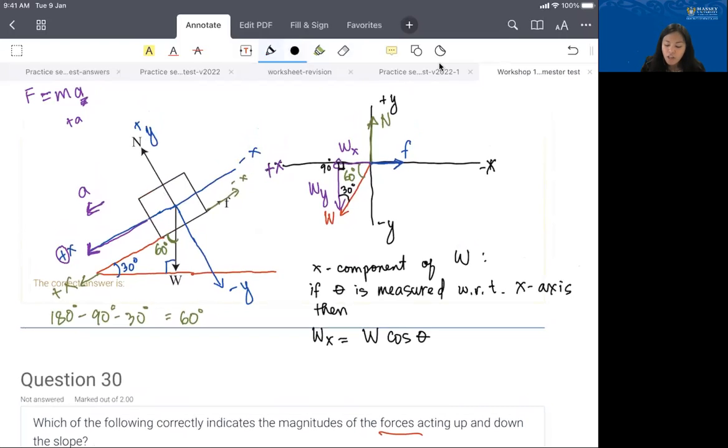Okay, so in this case, to find Wx, that would be W times the cosine of 60 degrees. It has to be 60 degrees, not 30 degrees, because 60 degrees is what is measured relative to the x-axis.